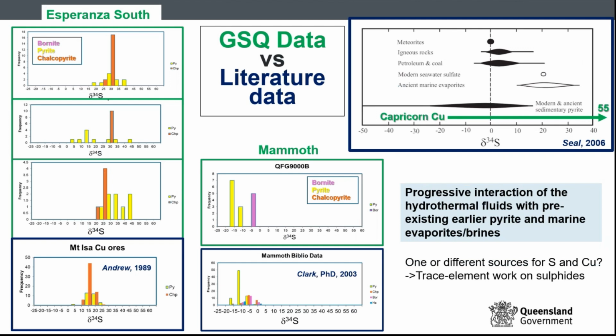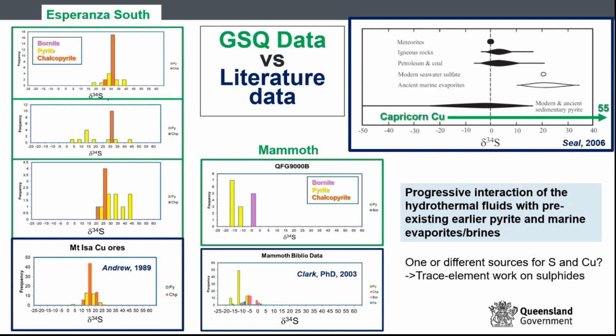Well, we also did a comparison with the data available in the literature. We compared the Esperanza with the Mount Isa copper, and actually they have very comparable sulfur isotope data, which is very encouraging, as they sit in a similar lithology.